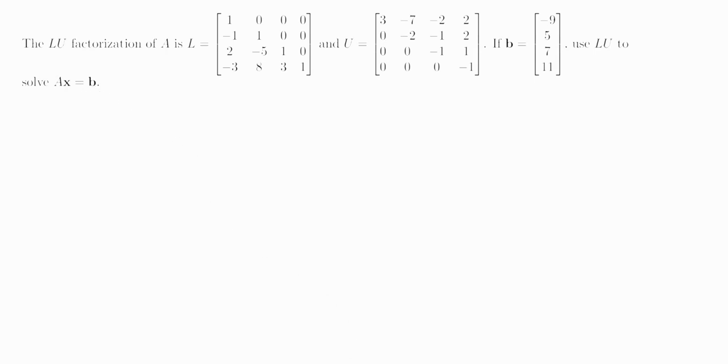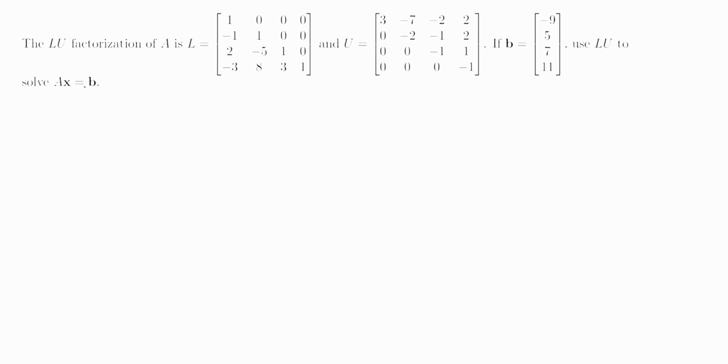Now the means by which we can use LU will make this into a two-step process, but it's going to be a process that is in each step quicker to do. And if you're going to be repeatedly finding solutions to systems of equations with the same A matrix but different B's, this can be quicker than the RREF method that we've been using up until now.